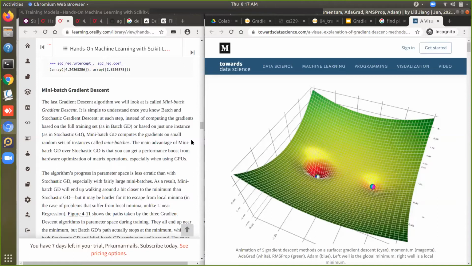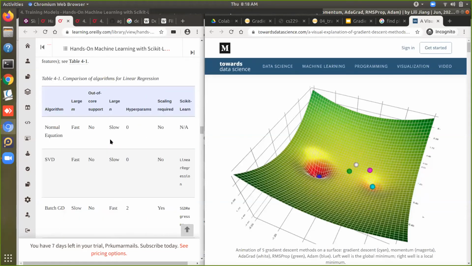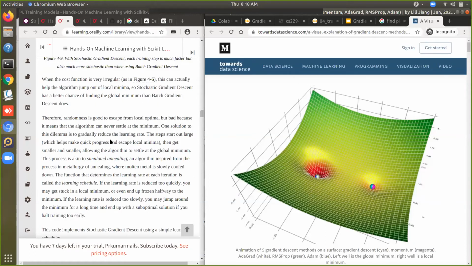For example, we take 10 inputs, compute the gradients, then update the parameters. Then again, for the next 10 different inputs, we compute the gradients and update the parameters. Similarly, in batch gradient descent, we compute the gradient for all examples at a time.